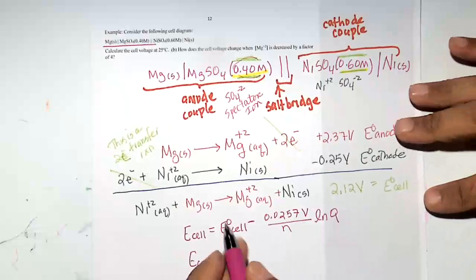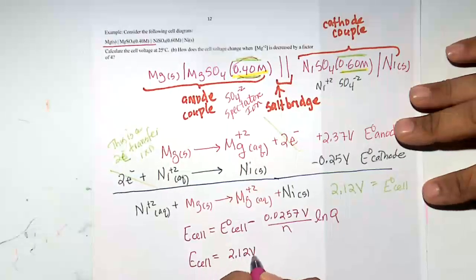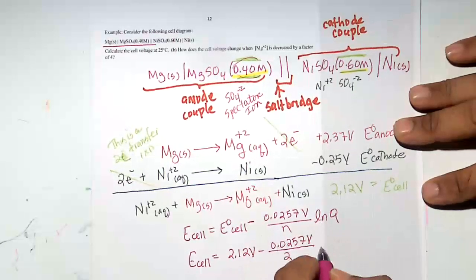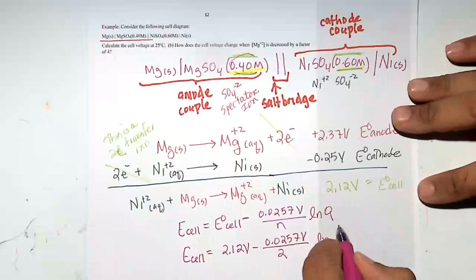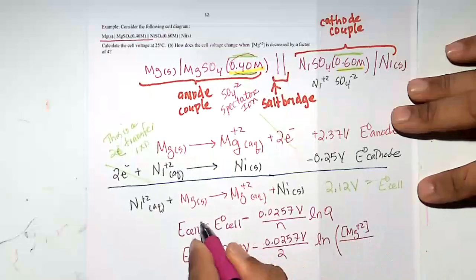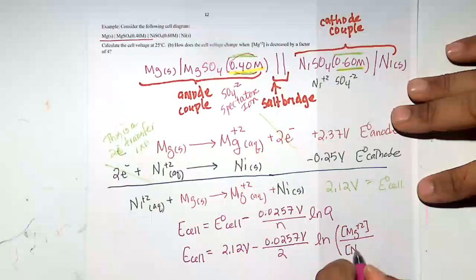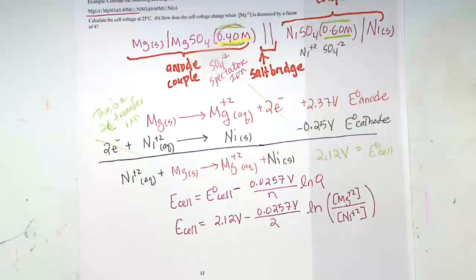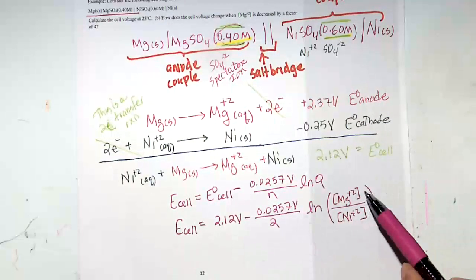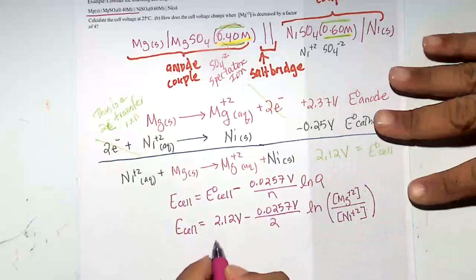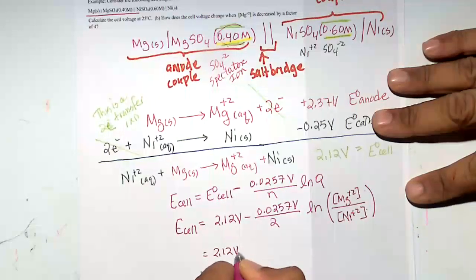E cell is equal to 2.12 volts minus 0.0257 volts divided by N, which is 2, natural log of Q, products over reactants. So it's going to be the concentration of Mg plus 2 divided by the concentration of nickel plus 2. Okay, everyone see that? And we know one of them is 0.4, the other one is 0.6, so let's go ahead and plug that in.